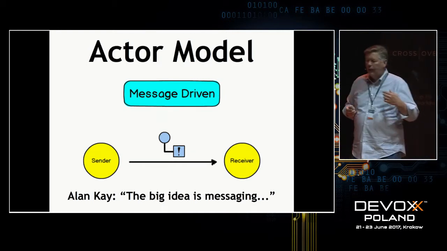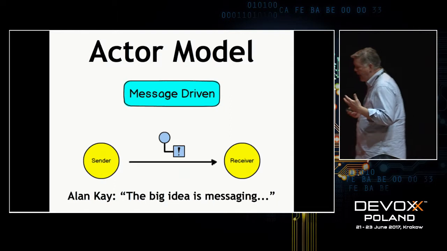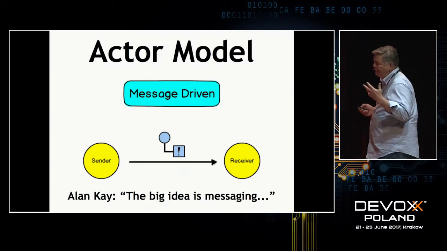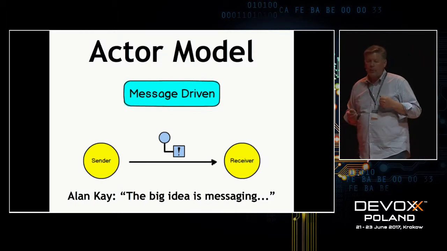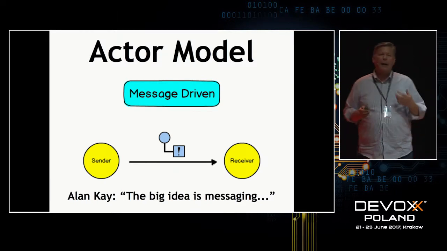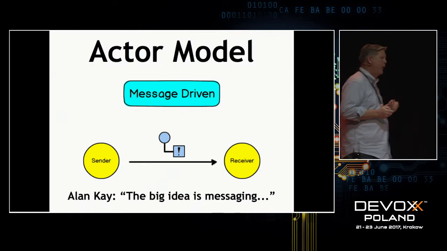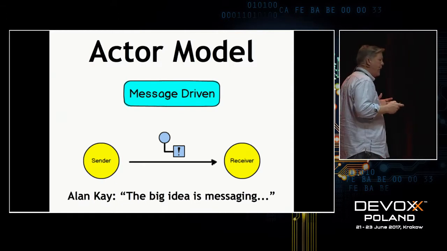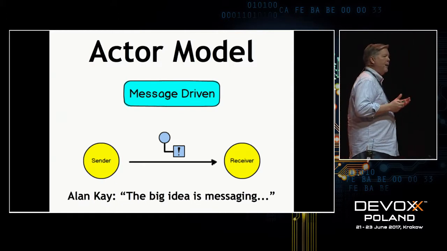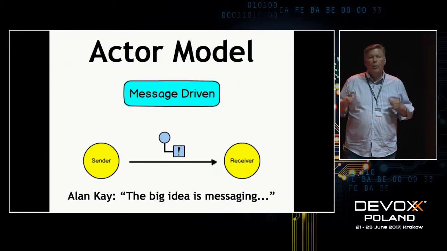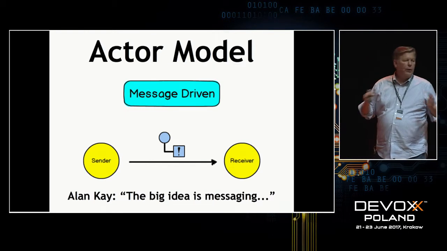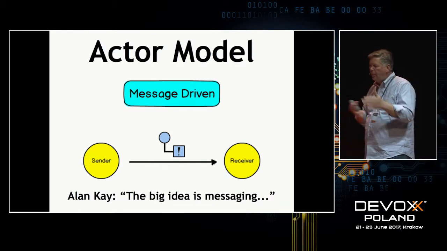In fact, someone who is noted as, if not inventing the idea of object-oriented programming, at least highly, highly refining it, and this is Alan Kay, said that the big idea of objects that he had in mind was asynchronous messaging between the objects.